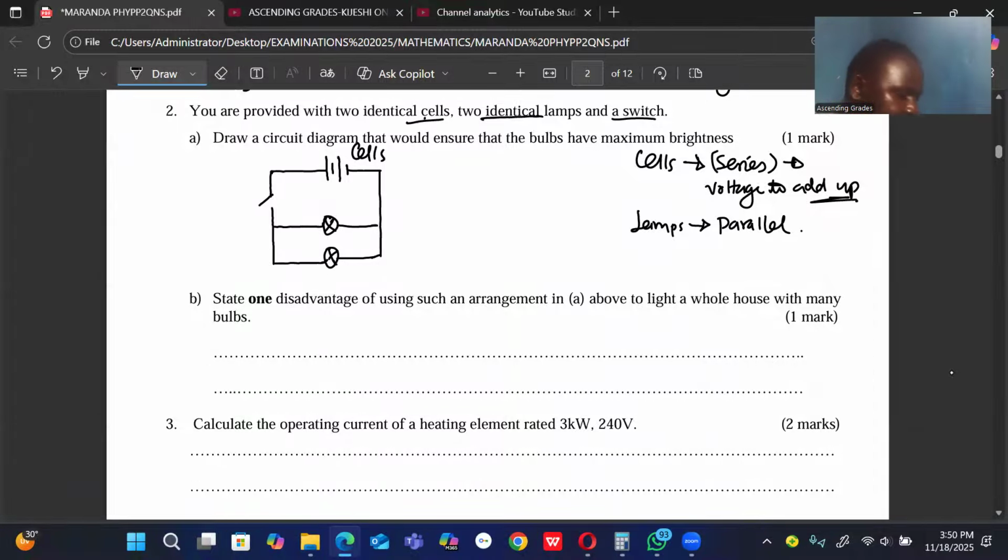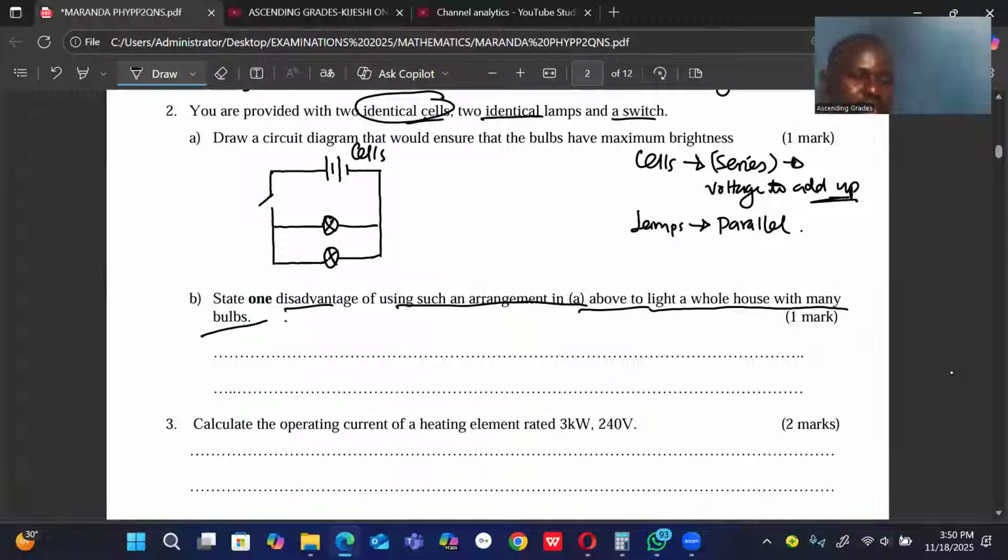Then you're told, state one disadvantage of using such an arrangement in A above to light a whole house with many bulbs. Remember, if you are using cells, we are not talking of electricity, but we are talking of a battery, which we are just trying to mean cells.